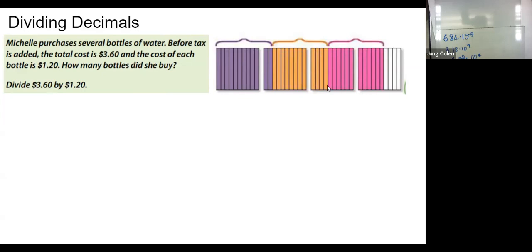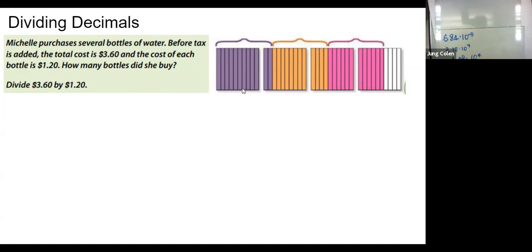So $1.20, that's the second bottle, and I have another 12 bars, right? 1, 2, 3, 4, 5, 6, 7, 8, 9, 10, 11, 12. 12 bars, $1.20. That's the third bottle. So I know there are a total of 1, 2, 3 bottles, right? That's how you can find it.